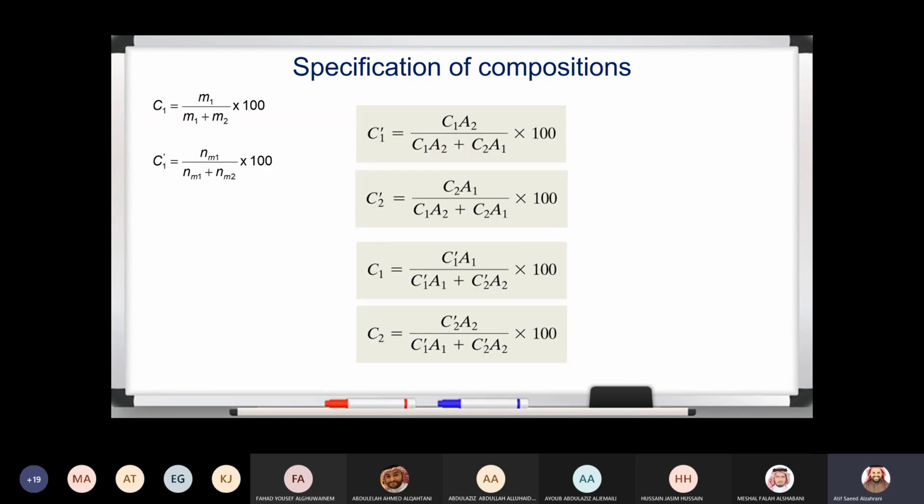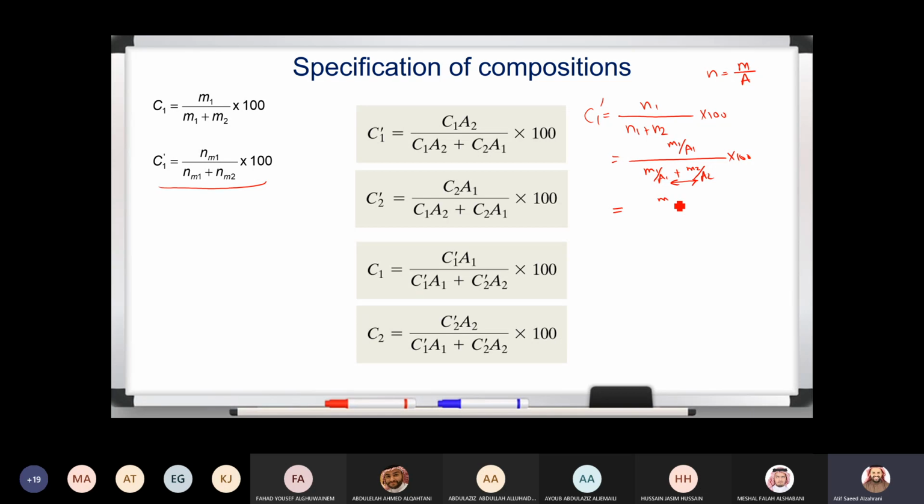For example, if you look at the C1 prime here, C1 prime is equal to N1 over N1 plus N2 times 100. And we know that N is equal to the mass over the atomic weight. So basically (M1/A1) over (M1/A1 plus M2/A2) times 100. And we can unify the denominator here.